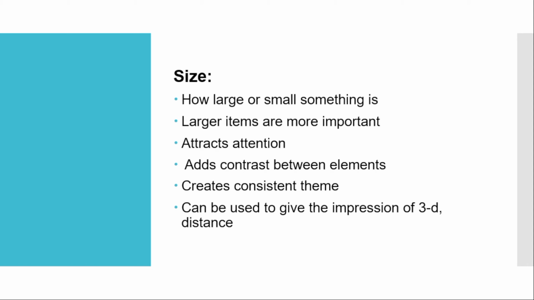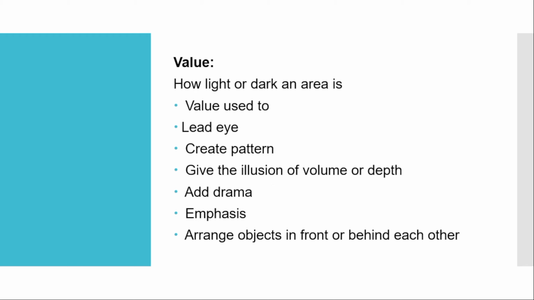Value is very, very important. How light or dark an area is is called value. This is used to lead the eye, create pattern, give the illusion of volume or depth, add drama and emphasis, and arrange objects in front of or behind each other.